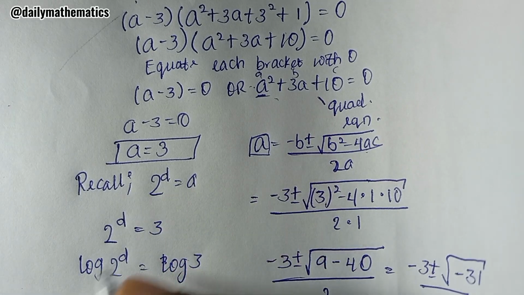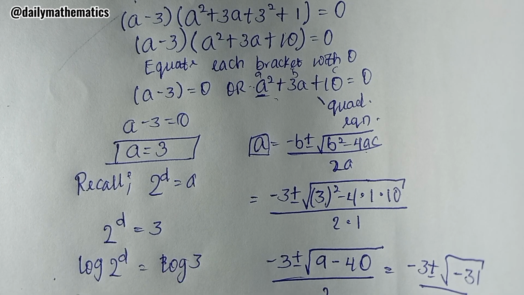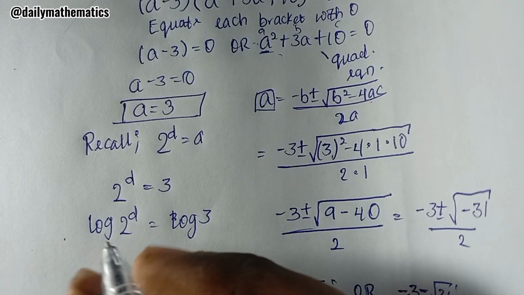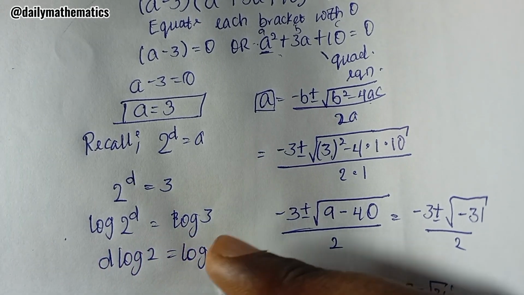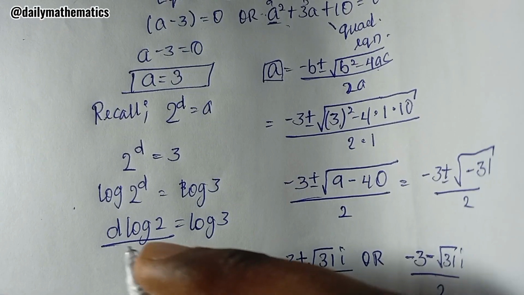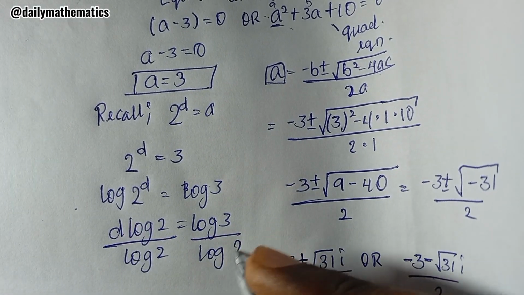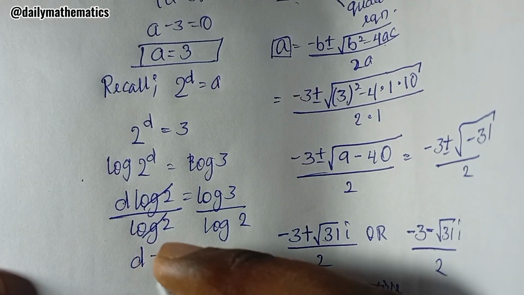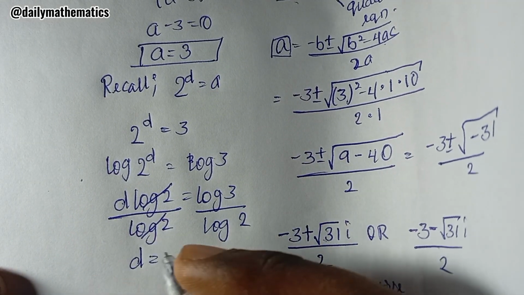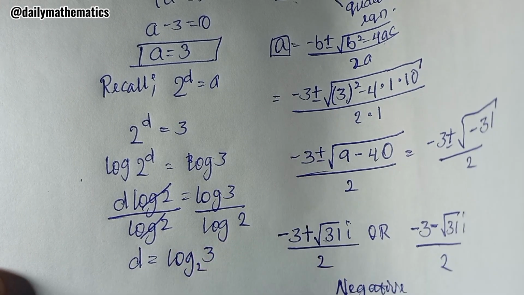Remember, when we have a log of a number raised to a power, the power will cross over and become a coefficient, so we have d log 2 equals log 3. Then we divide both sides by log 2 in order to get d, and log 2 eliminates log 2. We have d equals log 3 over log 2, which can also be written as log 3 in base 2.